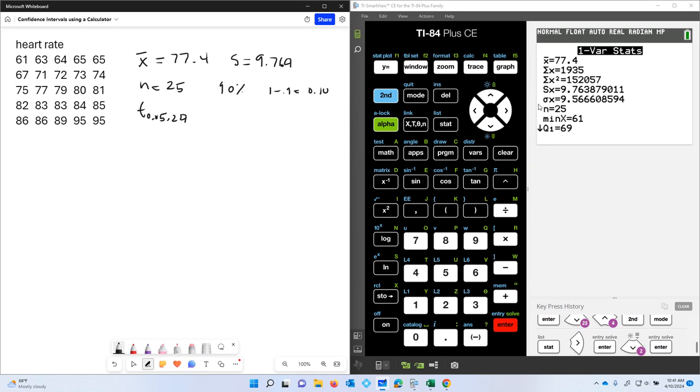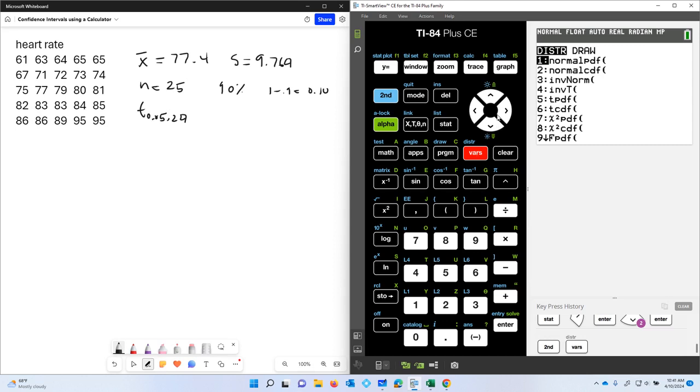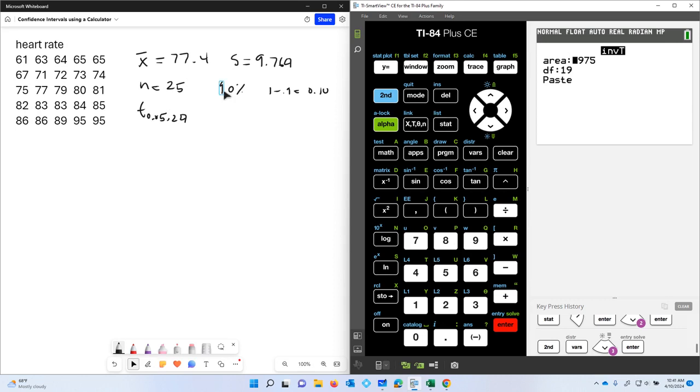So from here, we could just take the inverse t, and because it's a 90% confidence interval, you're accounting for not only the 90%, but the 5% that lies to the left. Here the degrees of freedom would be 24, and t is 1.71.